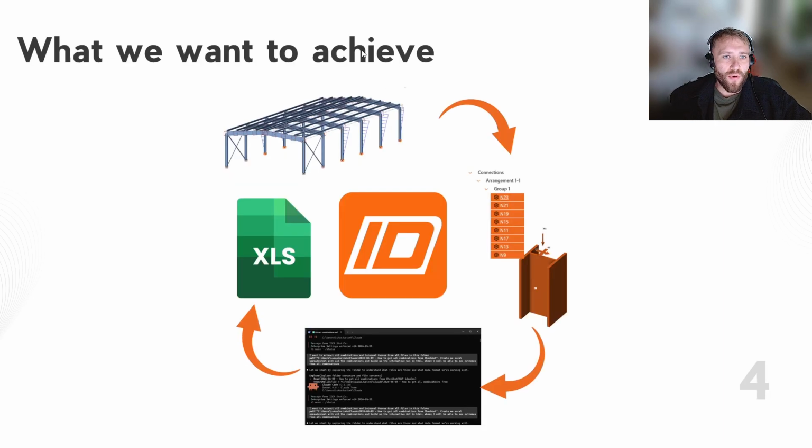So this is now our workflow. What we want to achieve is to export an Excel spreadsheet with all of the internal forces coming from the selected group. In this case, it will be the anchoring group.